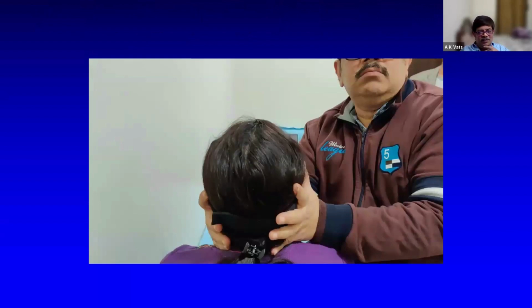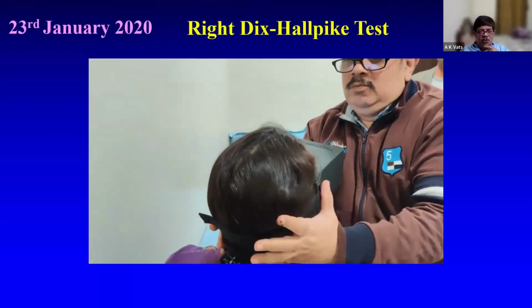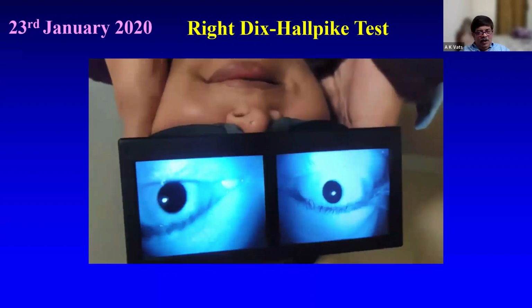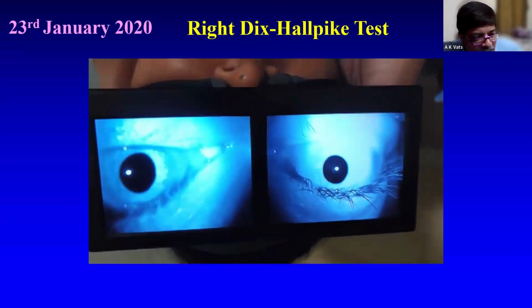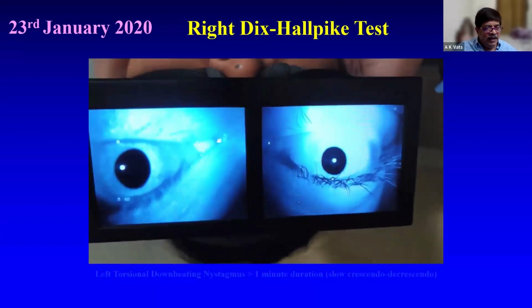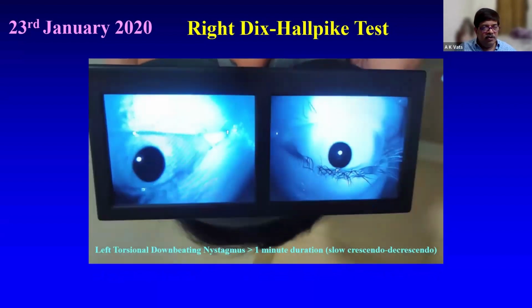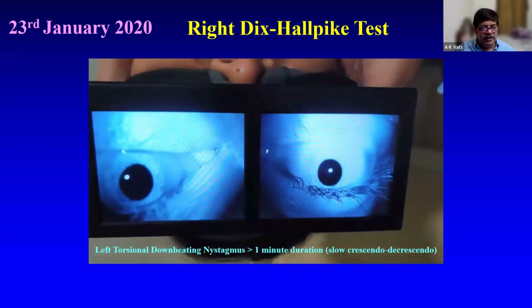This patient was seen by me 7 days earlier on 23rd January 2020. So I did a Dix-Hallpike test. Now see this nystagmus. This nystagmus is slow crescendo-decrescendo. This is called a semiparoxysmal nystagmus.